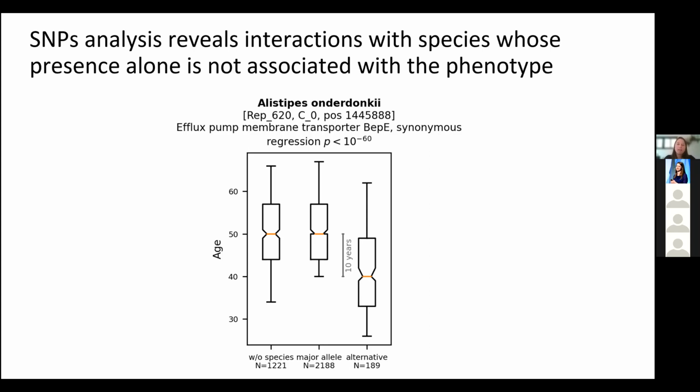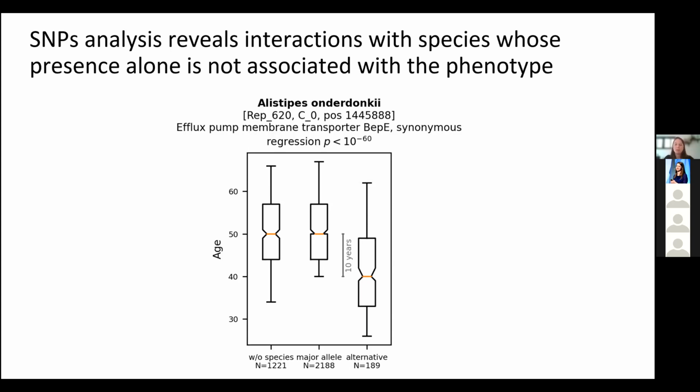Okay, what we see here is for one SNP. This is the SNP that had the smallest p-value in the association with age. The right box plot shows the age distribution of people that had the alternative allele in their microbiome for this position.